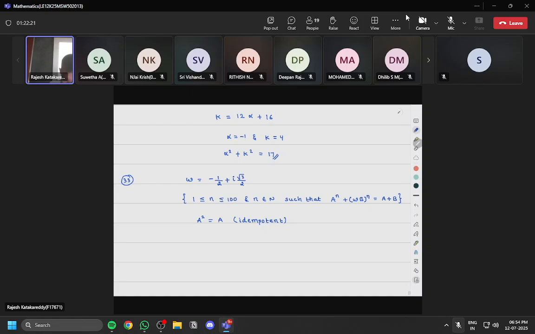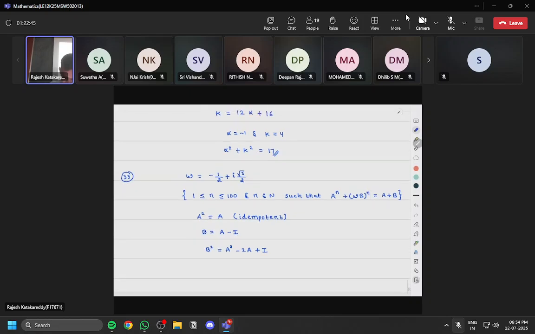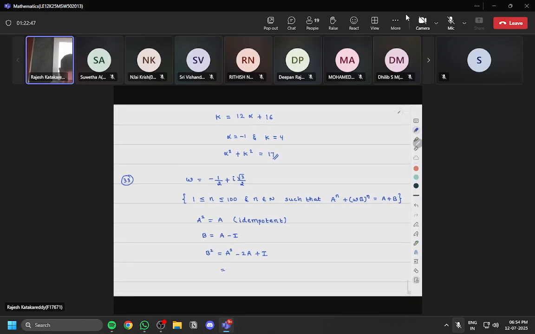They have given B is equal to A minus identity, correct? Now let us find B square. So B square will be equal to A square minus 2A plus identity. So A square will be equal to what?